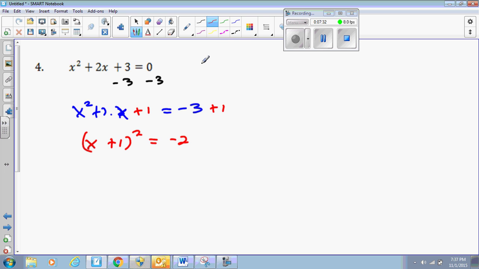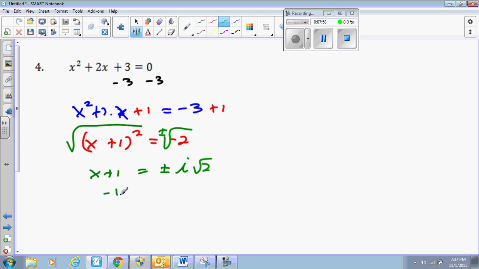So now when I take the square root of both sides, I get this side over here, and I get plus or minus that. Now this becomes x plus 1, but the right side becomes plus or minus i times the square root of 2, because the negative under a square root comes out of the square root as an i, and I'm left with the square root of 2.